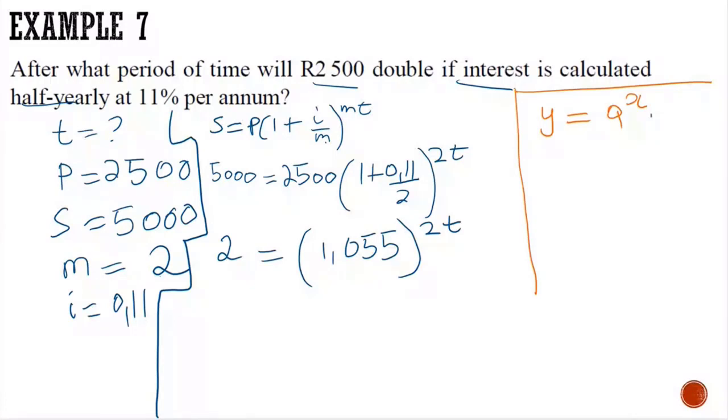According to the law, your x is equal to the log of whatever you find here, divided by the log of this base. That is the property. It is the gospel truth.